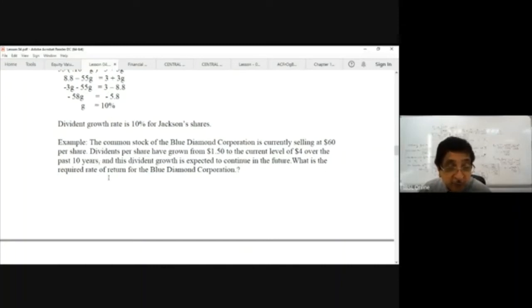What is the required rate of return for the Blue Diamond Corporation? This is a little challenging question. Now the required rate is K. G is not given directly, but dividends have grown from 1.50 to the current level of 4 over the past 10 years. So you need to look at the growth rate. But the required rate of return is also to be calculated.